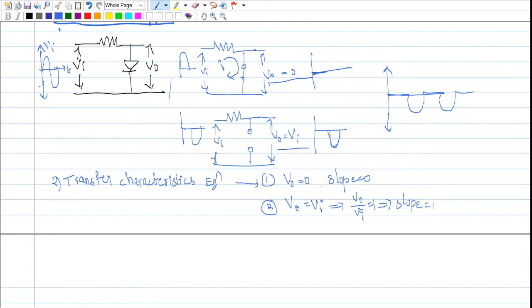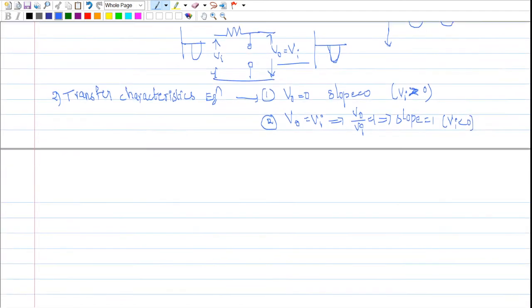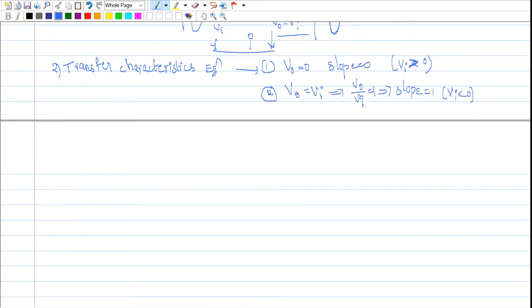The condition for this: Vi is greater than 0 volts for the first, and when Vi is less than 0 volts, the slope is 1. So we can draw the transfer characteristic curve. The third step is the transfer characteristic curve.